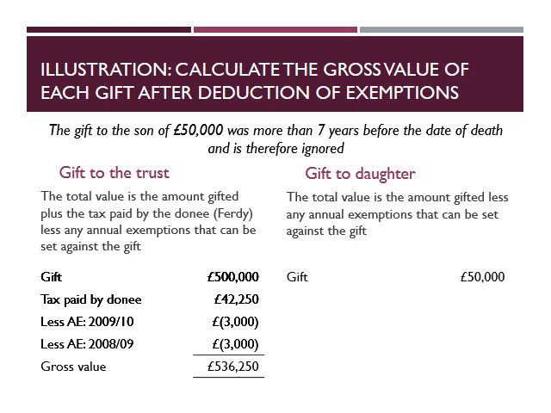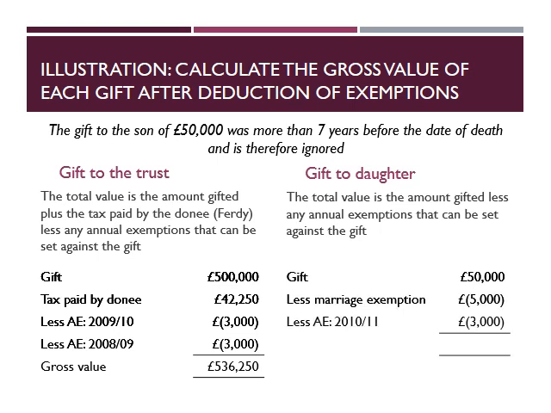Well, 50,000 was given over to his daughter, but it was on the occasion of her marriage. So there is a £5,000 marriage exemption for parents giving gifts to their children as a result of marriage. In addition to this, Ferdy will also have an annual exemption for 2010-11 of £3,000.